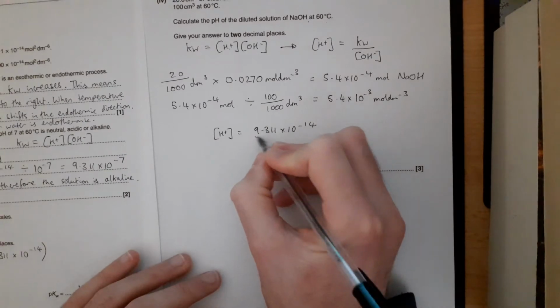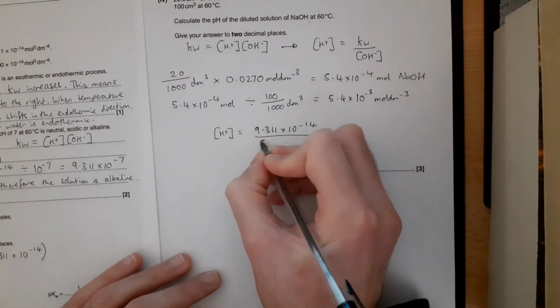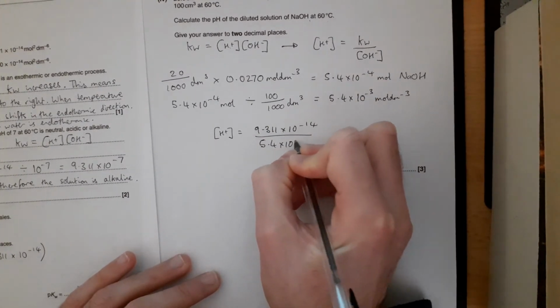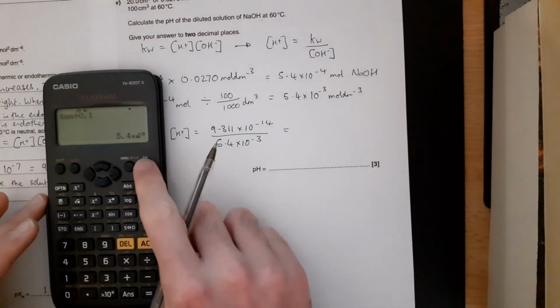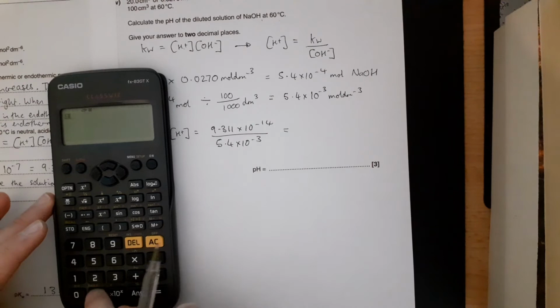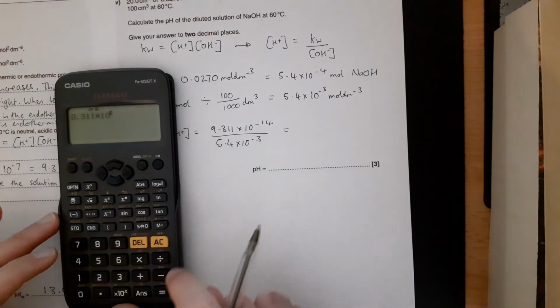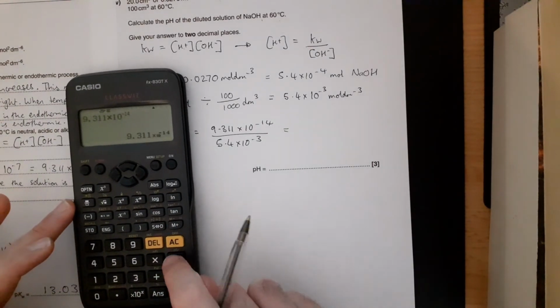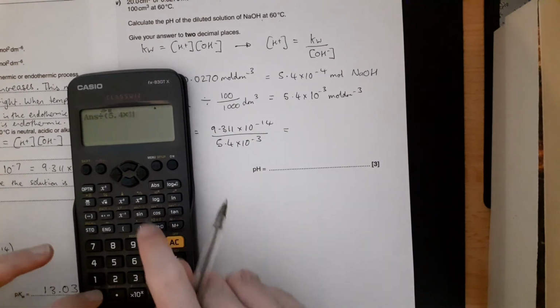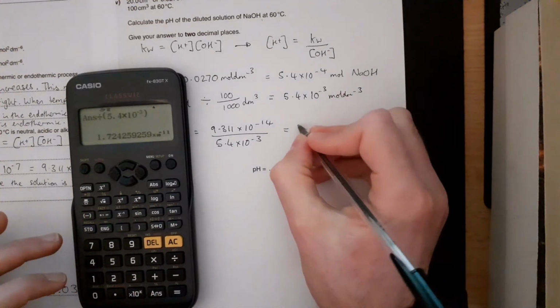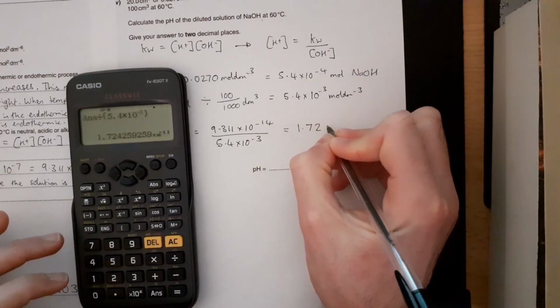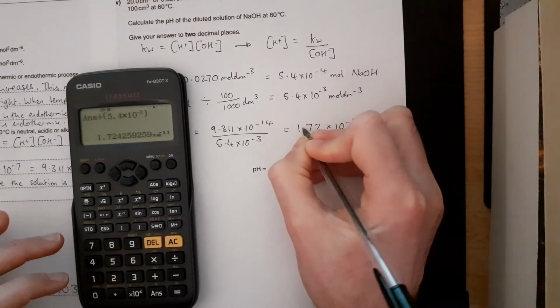And we're going to divide that by the concentration that we just worked out. So 9.311 times 10 to the minus 14 divided by 5.4 times 10 to the minus 3 is 1.72 times 10 to the minus 11.